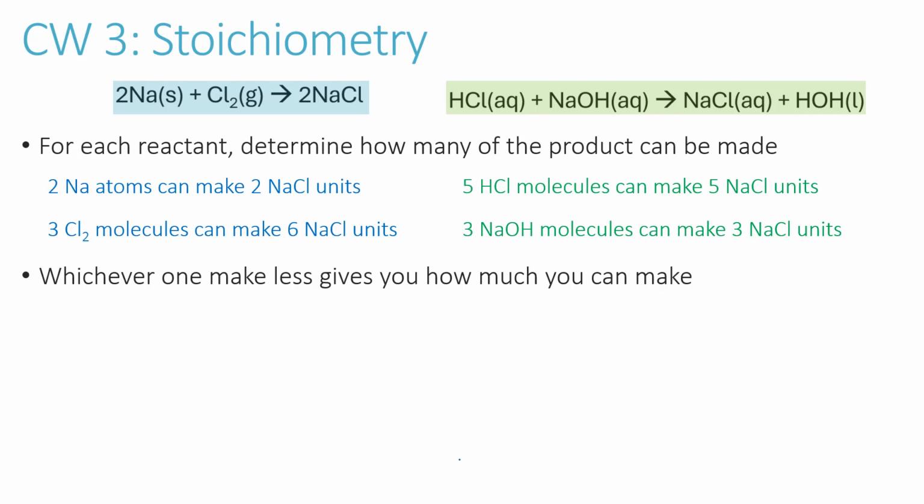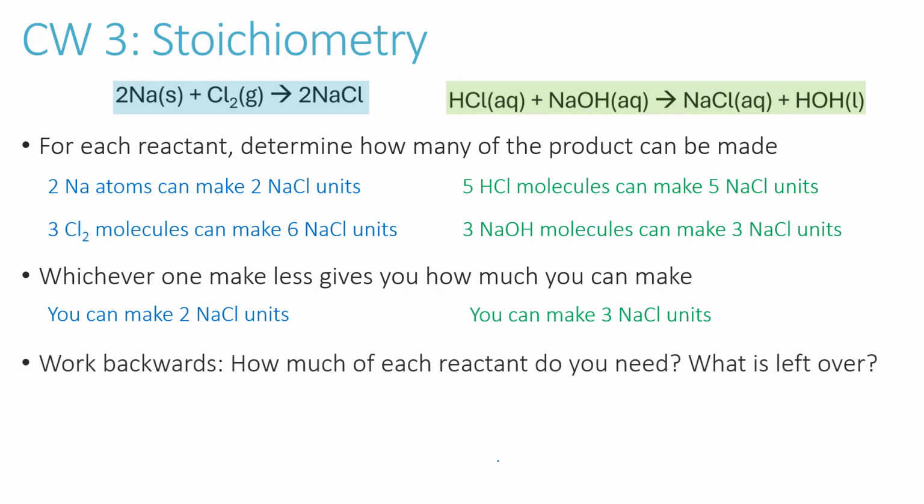So based on my blue reaction, I can only make 2 NaCl units. After I make those 2 units of NaCl, I run out of sodium atoms. So for my green reaction, the most I can make is 3 units of NaCl because after that I run out of NaOH.